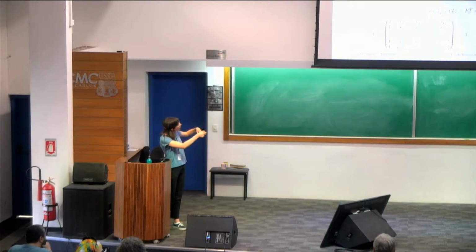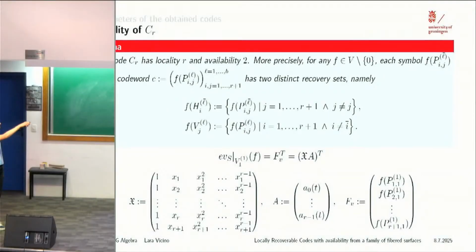Well, now all the points in this vertical recovery set have exactly the same t coordinate. So this means that we can nicely write down the evaluation of the function that was giving the codeword that we're looking at.